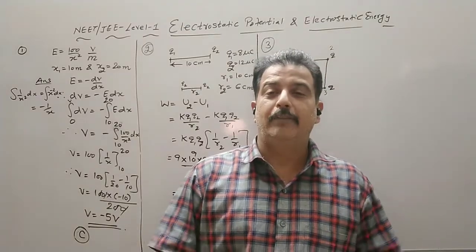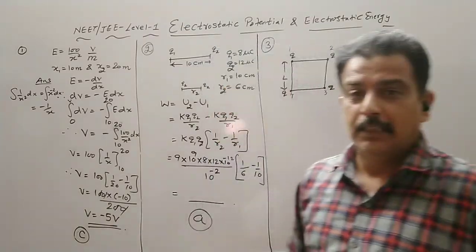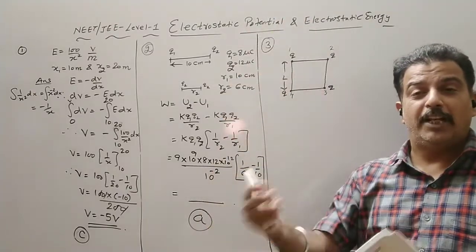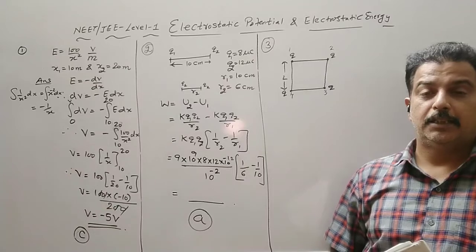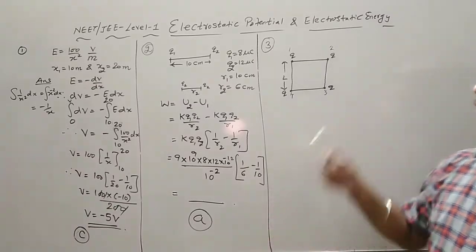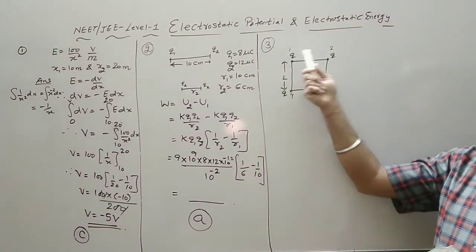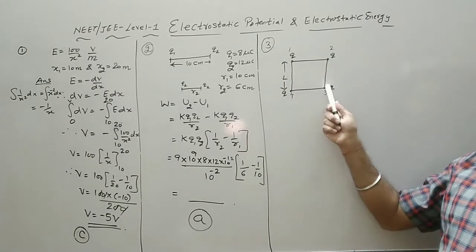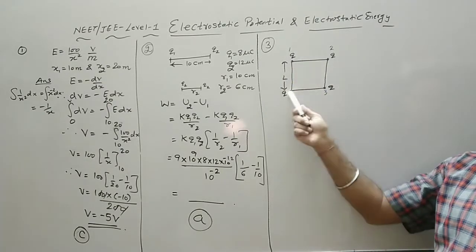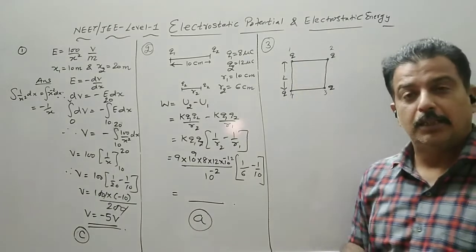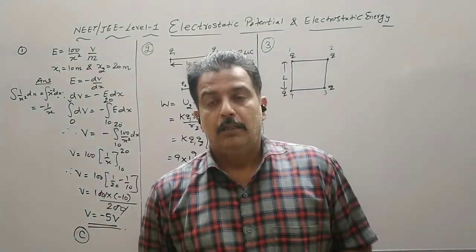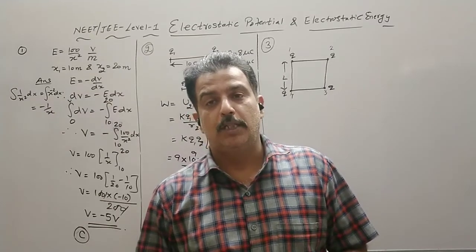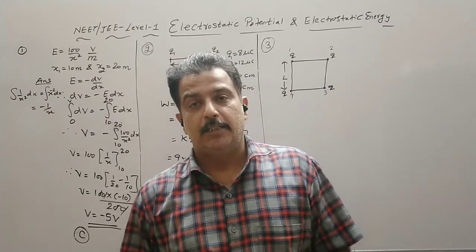Now if we let them free, they will all come into motion because they all interact with each other. Suppose I take these two charges, both will repel each other, so both will move away from each other. Similarly, these two will move away from each other, and these two as well. So what happens? The entire potential energy should be converted into kinetic energy.